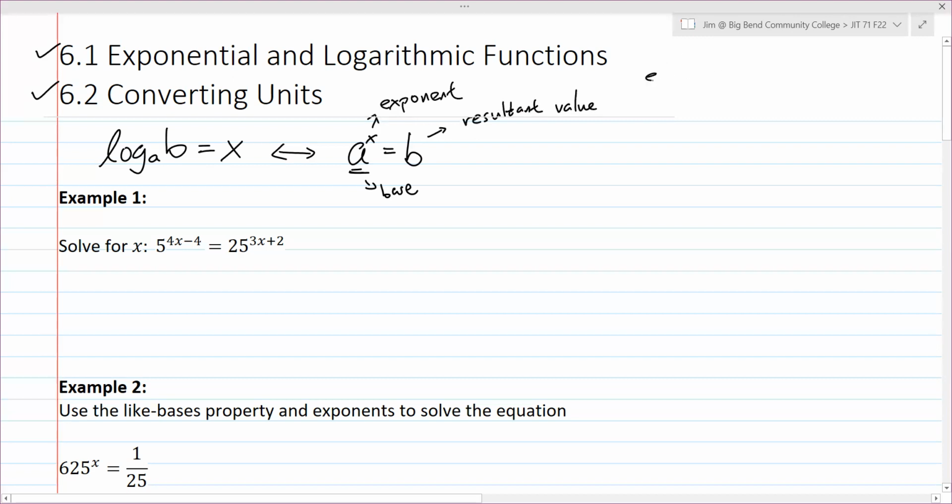So for example, 10 to the 2 equals 100. So log of base 10, 100 gives you 2. The log function is made up by humans, if you don't understand it completely.